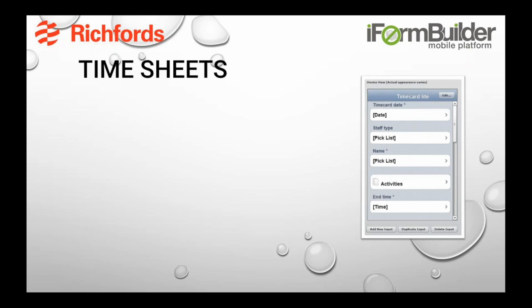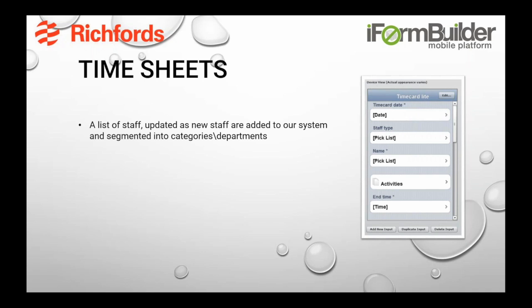Our first project was to develop a simple timesheet collecting app, or form rather. With the tokens taken care of, we were able to produce our option lists, and what we wanted was a list of stuff to be updated as new stuff added to our system, and to be able to segment that into categories and departments.